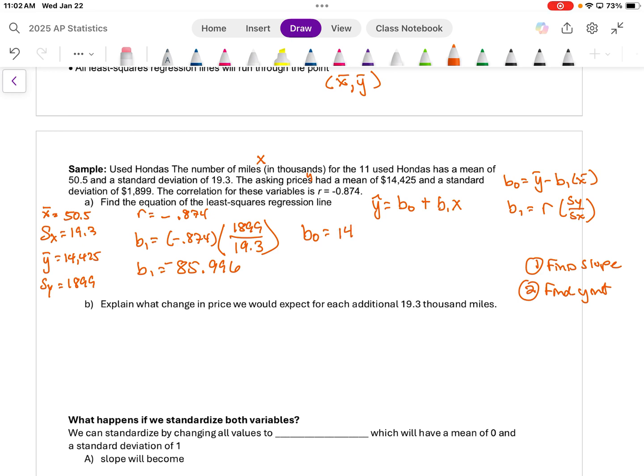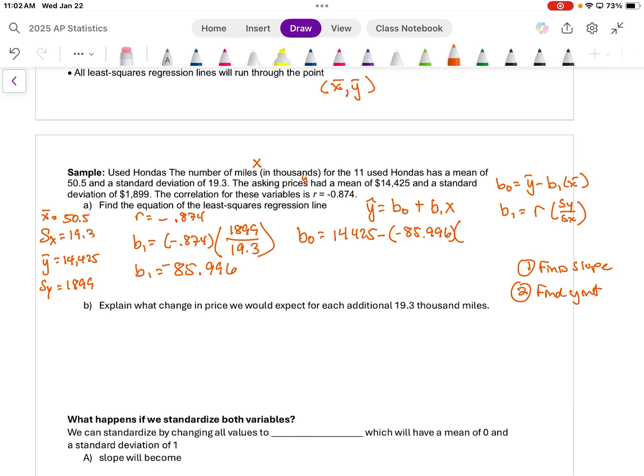So 14,425 minus negative 85.996 times, now I get to use the 50.5. And then my b naught, we should get something about like this, 18,794.798.